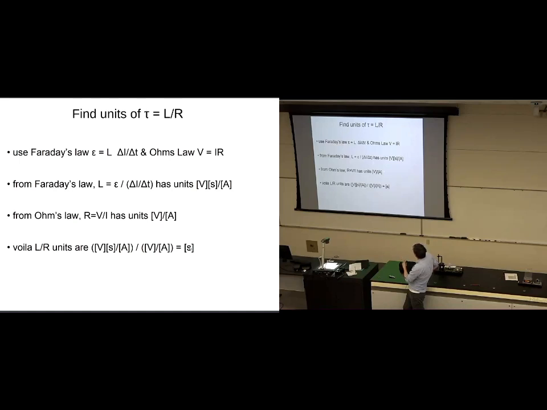L over R is the ratio of these units to these units. It's the ratio of the inductance to the resistance. That has units of seconds, because the volts and amps in inductance and the volts and amps in resistance cancel one another out. So, maybe surprisingly, it does have units of time.